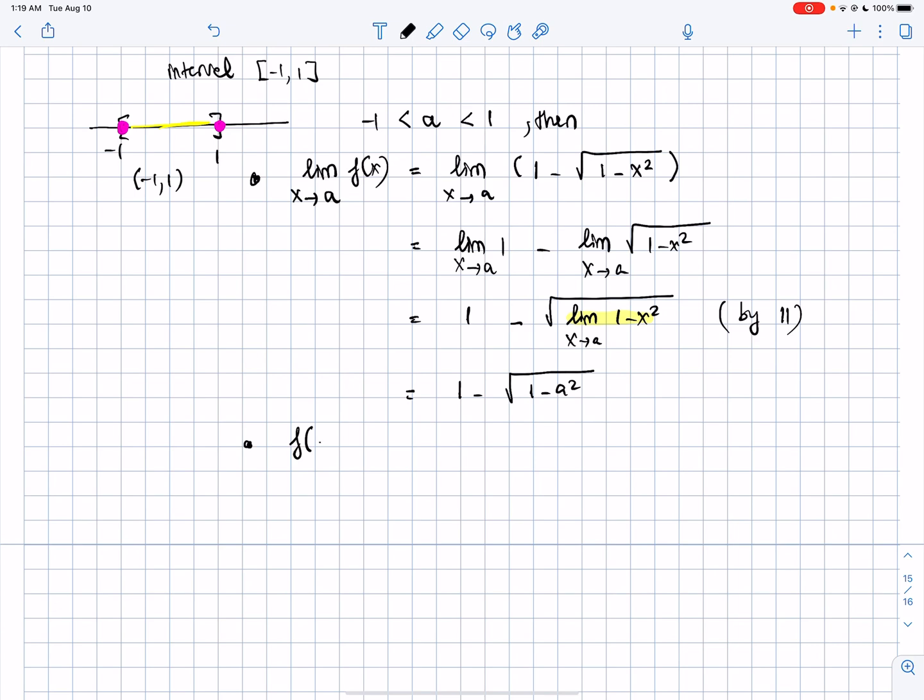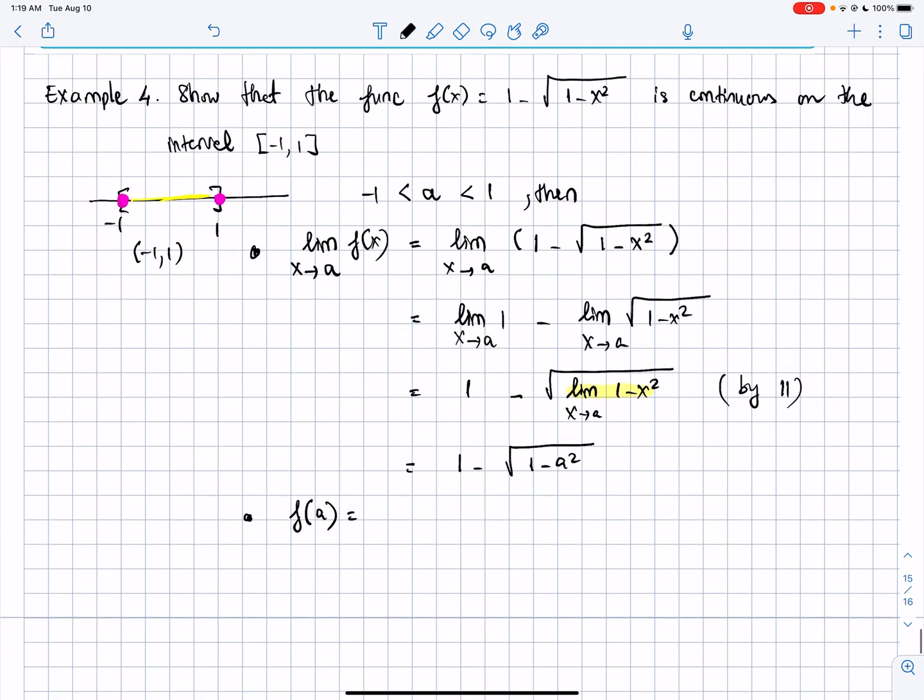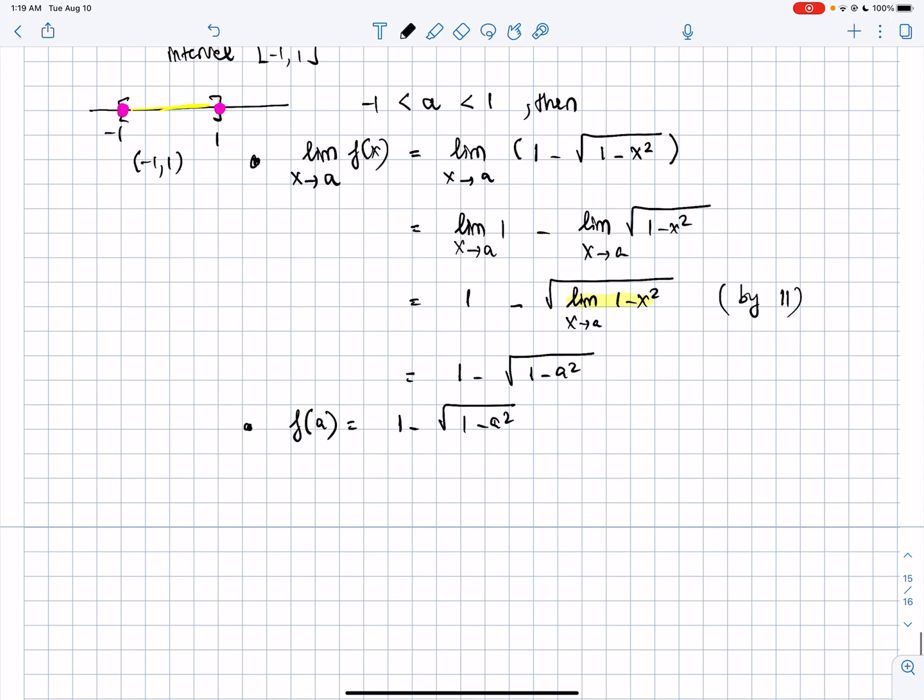Now, let's check f of a. f of a is 1 minus the square root of 1 minus a squared. So what can you see? The limit of f of x as x approaches a, from the left and from the right, and the function at a give you the same answer, which is 1 minus the square root of 1 minus a squared.